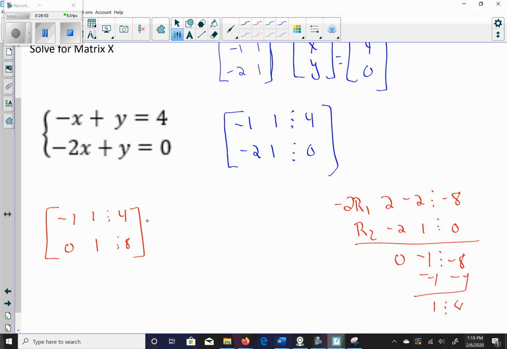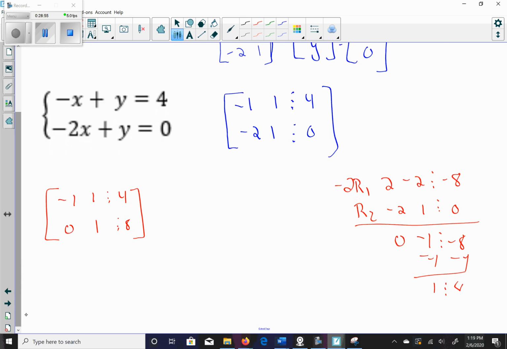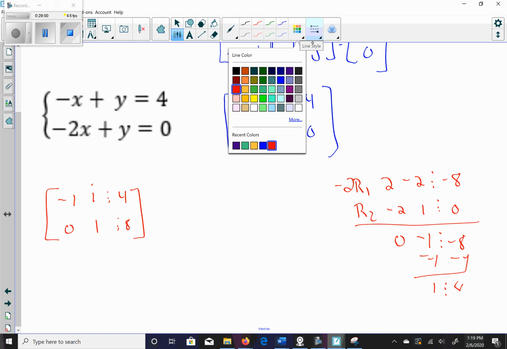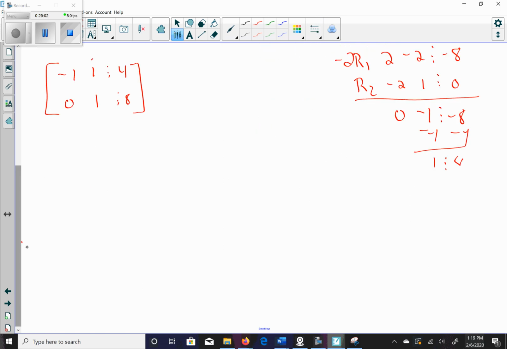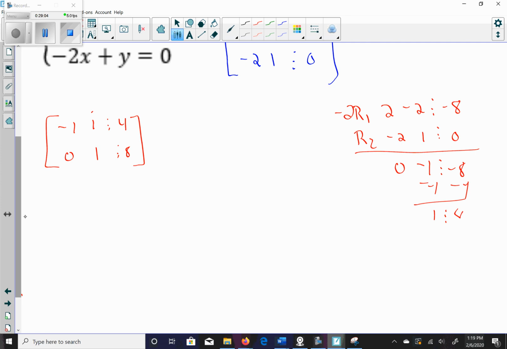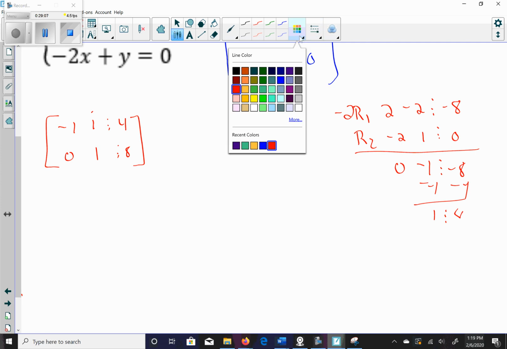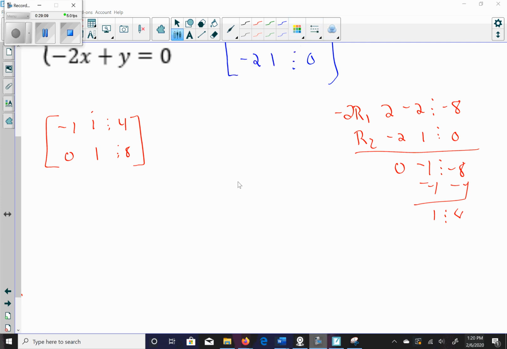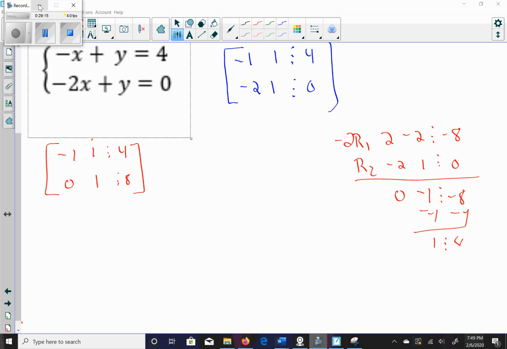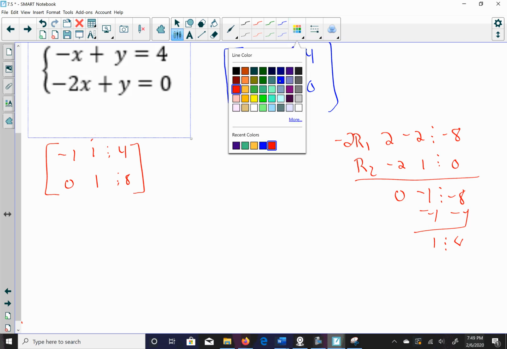Now I'm going to add row 1 and row 2 in such a way that this y will be eliminated. So I think what I'm going to do is multiply row 2 by negative 1, leave row 1 alone. Now I'm going to combine row 1 and row 2 to eliminate this y right here.